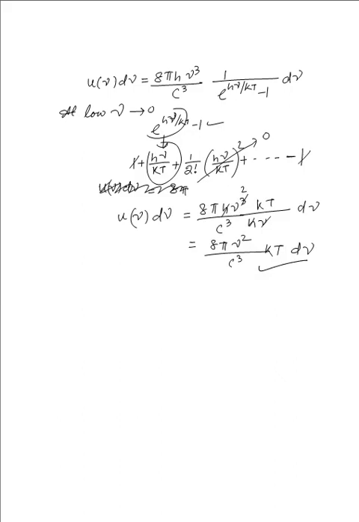Now at higher frequencies, for frequency tending to infinity, the term e to the power h nu by kt minus 1 becomes very huge in value when nu tends to infinity or goes to a very high value, so the 1 can be neglected.